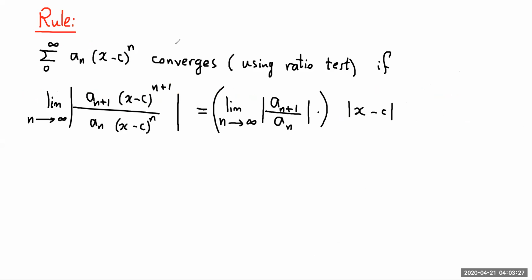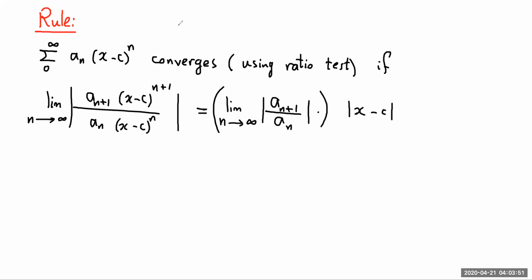We have this rule about how to calculate the radius of the interval of a given series. Let's suppose we have a power series, sum of a_n (x - c)^n, and we test convergence using the ratio test.